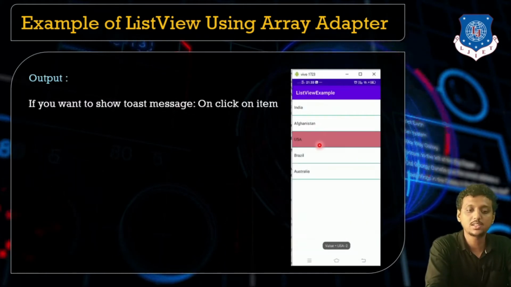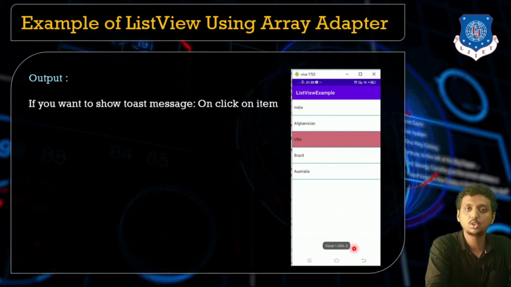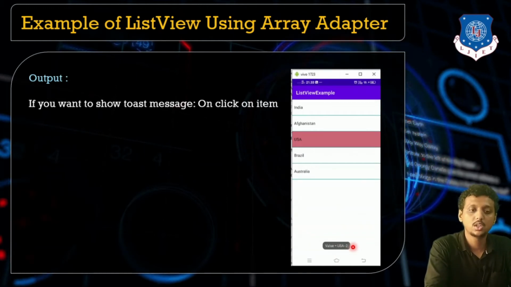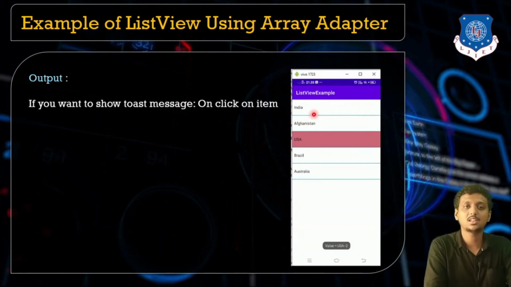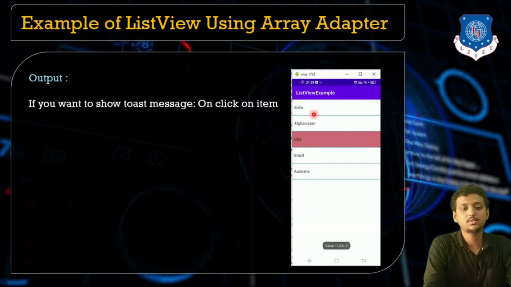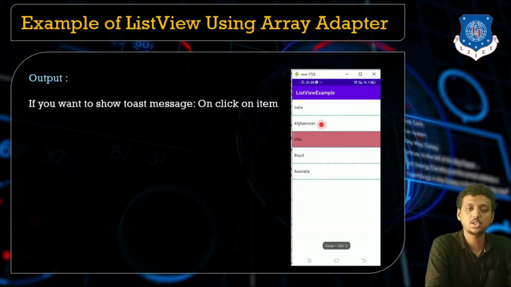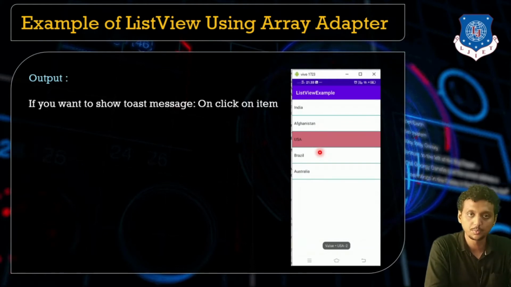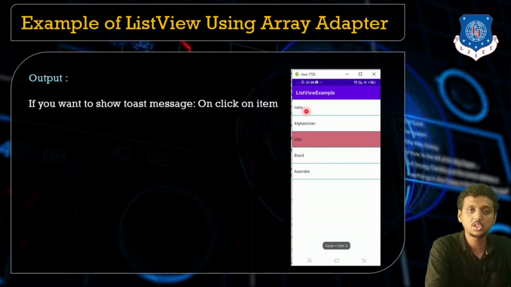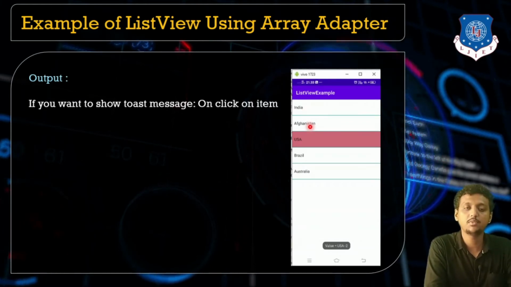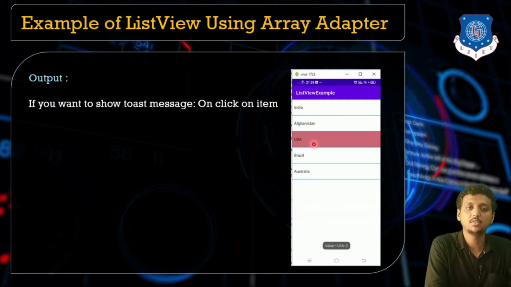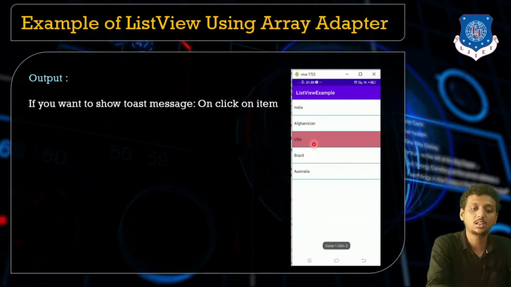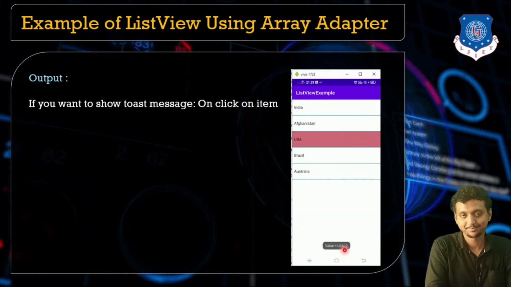When I click on the USA, it will return value is equal to USA 2. Students, this is again an array list view. That's why the first position is 0, the second position is 1, the third position is 2. So at position 0 we have India, at position 1 we have Afghanistan, at position 2 we have USA. That's why it returns value USA 2.